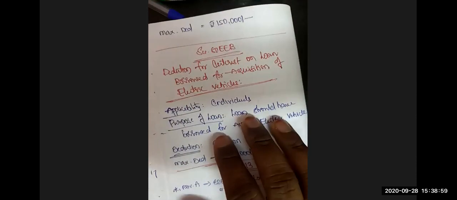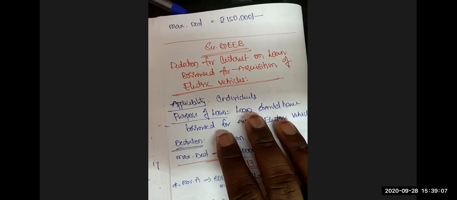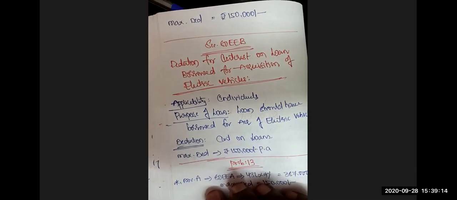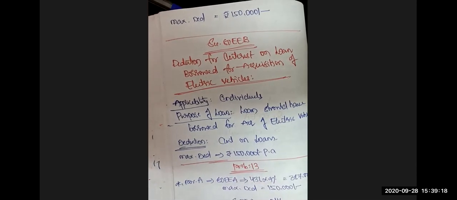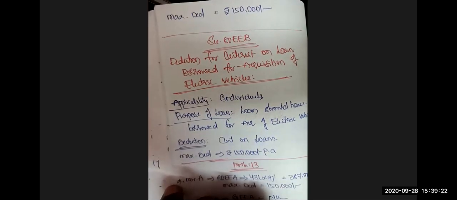Next, 80EEB, yet another new section introduced by the Finance Act 2019. What is this? Deduction for interest on loans borrowed for the acquisition of electric vehicles. The department and central government want to encourage the usage of electric vehicles. What is the advantage of using electric vehicles?